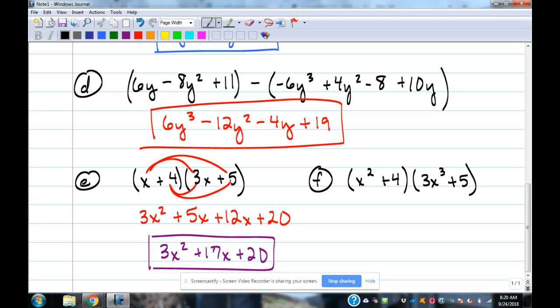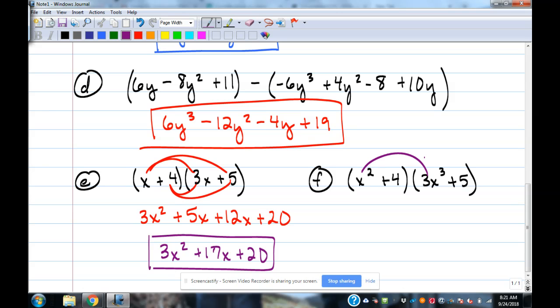So we're dealing with higher degree polynomials this week. Okay. So this doesn't look much different than that. So it would make sense that we do this the same way, right? Distribute x squared to both terms. Then distribute positive 4 to both terms. Okay?